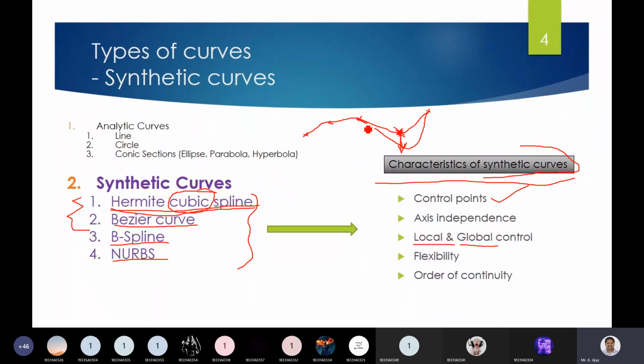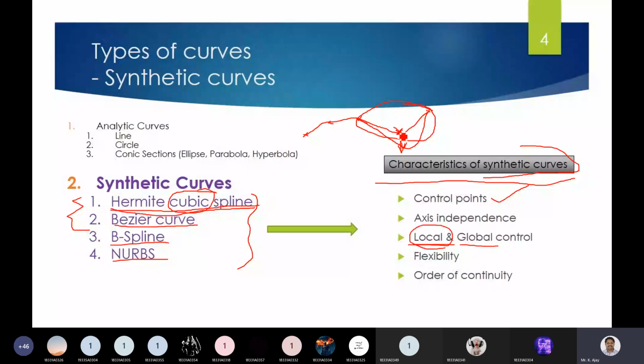If the curve shape is only affected within that particular zone, which means the segment for that control point, so only some portion of the entire curve is affected rather than the entire curve, that is called local control.